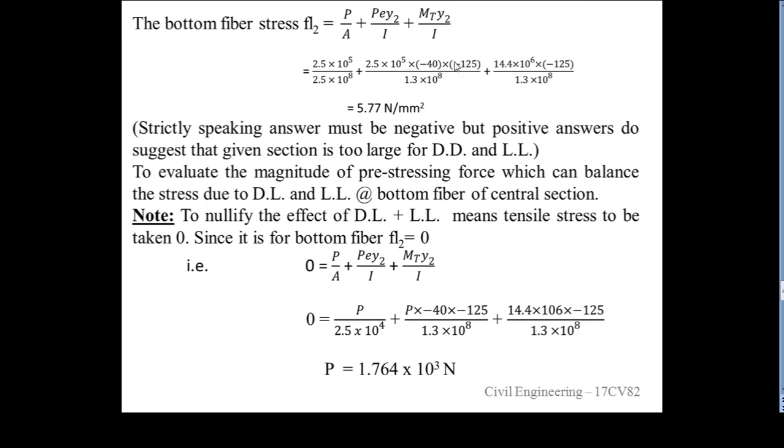This represents the bottom distance, divided by I value 1.3 into 10 raised to 8, plus 14.4 into 10 raised to 6 into minus 125 divided by 1.3 into 10 raised to 8. That gives FL2 equal to 5.77 Newton per mm square.